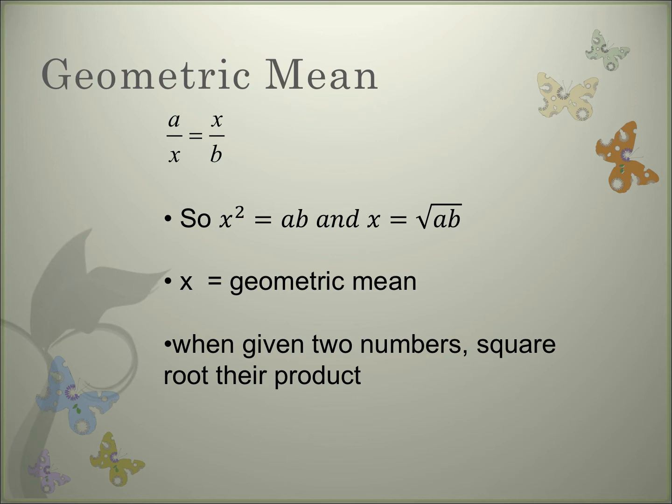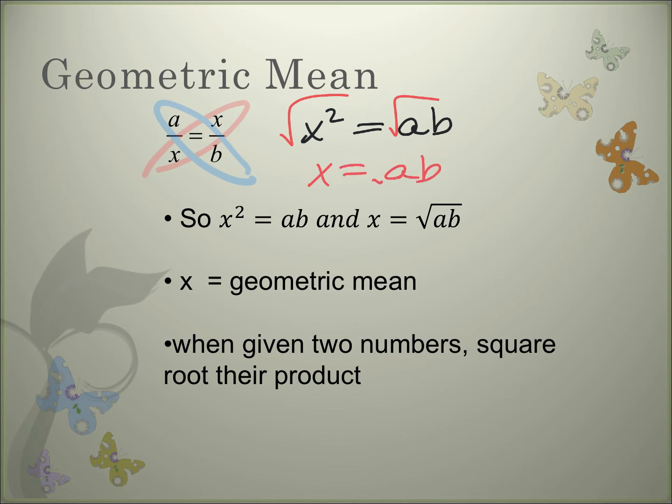But the bottom line here is you're doing cross products, x times x, and then a times b. So you would end up getting x squared when you do x times x, and then a times b is ab. And if you want to find x, you have to square root it. So x is equal to the square root of a times b, or the product of a and b.